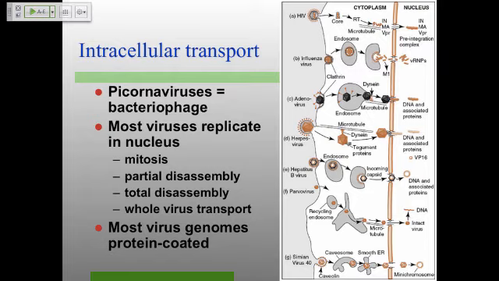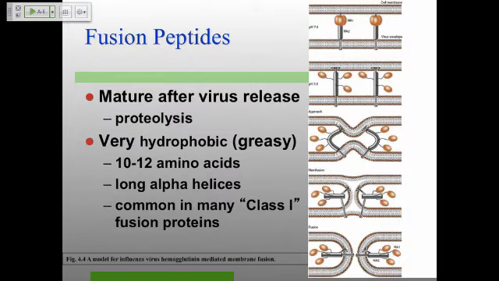And so if you want to replicate your DNA, you want to replicate yourself in the nucleus. And there are, again, lots of nice animations that I didn't put in here, but they're all linked in my various lectures. Probably the most spectacular are the animations of how membrane fusion takes place.